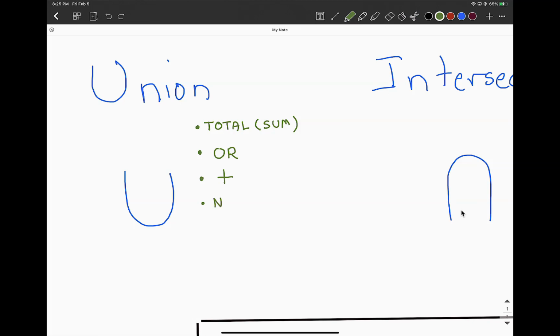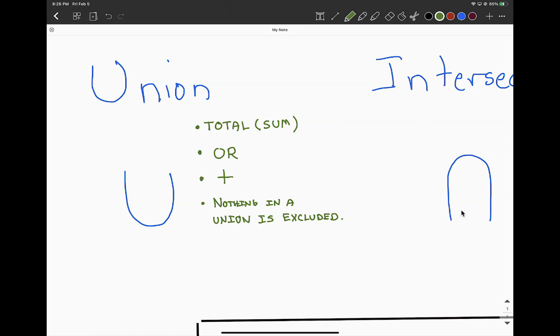And so nothing in a union is excluded. And we'll talk about that more, but unions get really, really big.